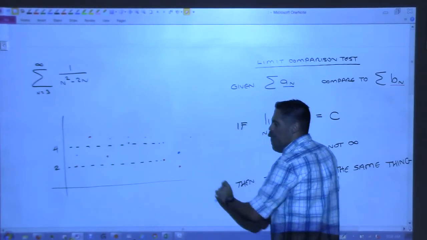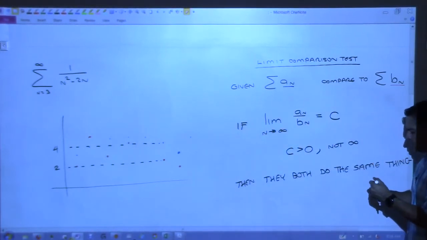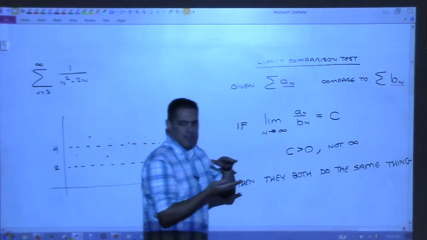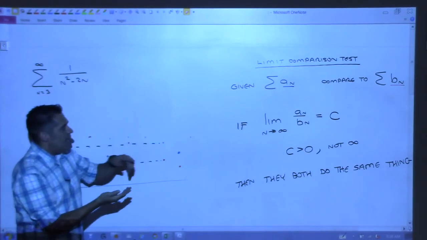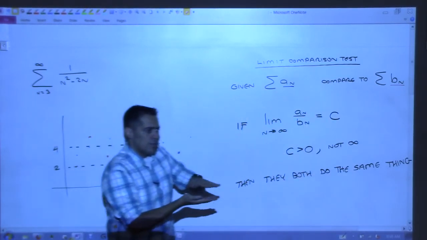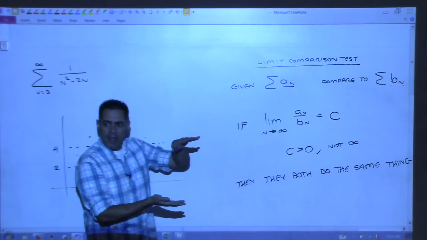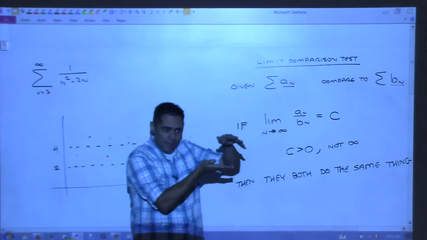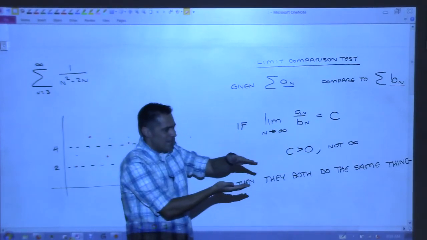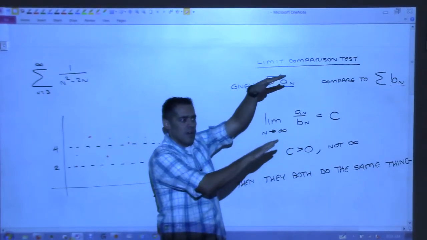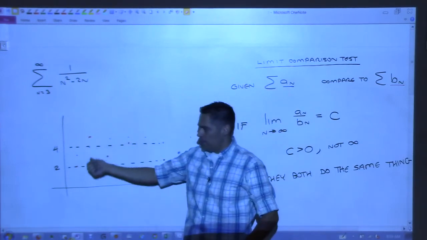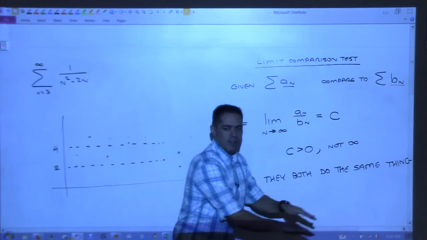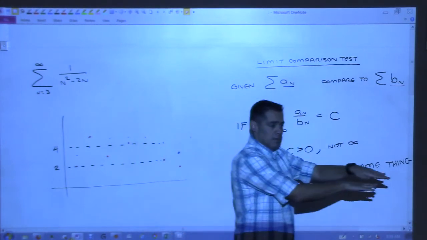So what's happening is that if you can show that the ratio between the two sequences is constant, it means that as your b sub n starts to do something, the a sub n has to follow it within some fixed ratio. Like if this one goes up to 100, this one's going to go up to 50. If this one drops down to 2, this one's going to drop down to 1. So they stay together.